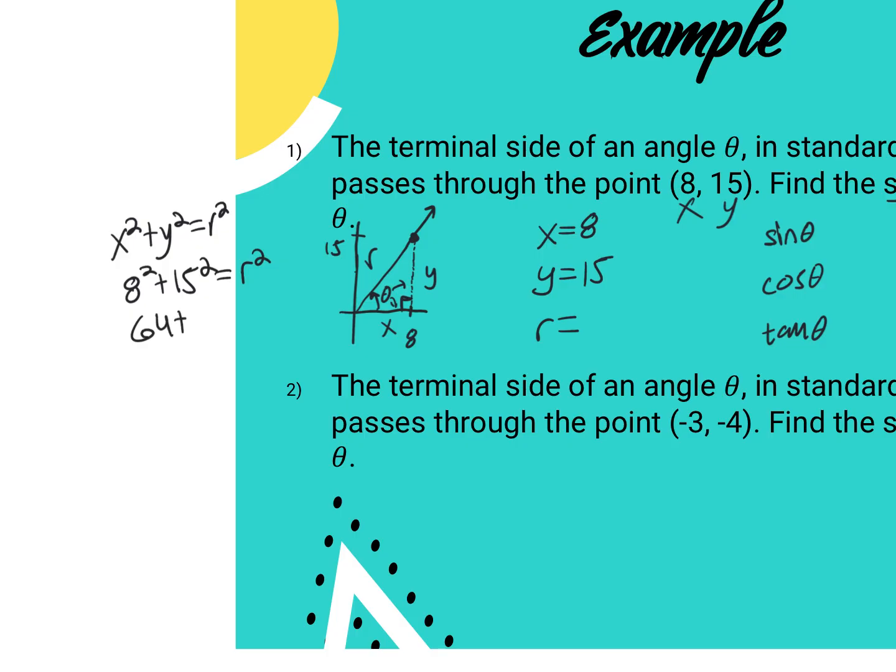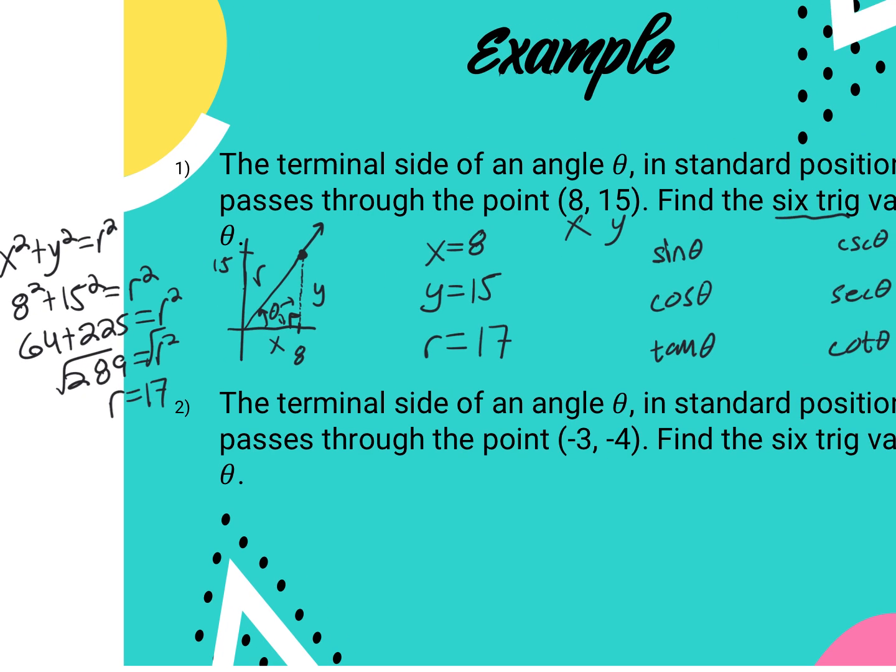So this gets us 64 plus 225 is r squared. And so we get 289 is r squared. And then if you square root both sides, you get r is 17. Once again, we don't do plus minus just because r is always a positive number, right? It's a distance. All right.